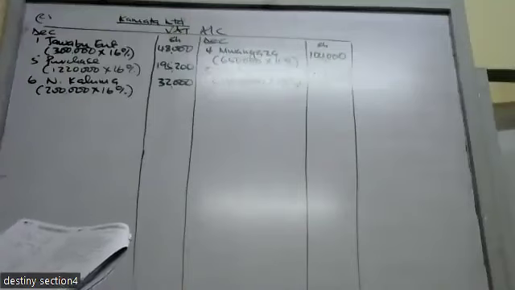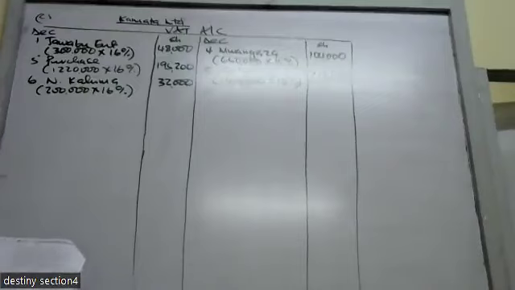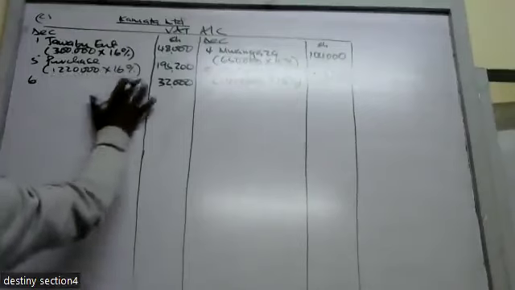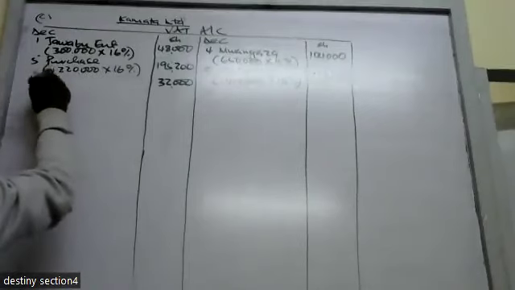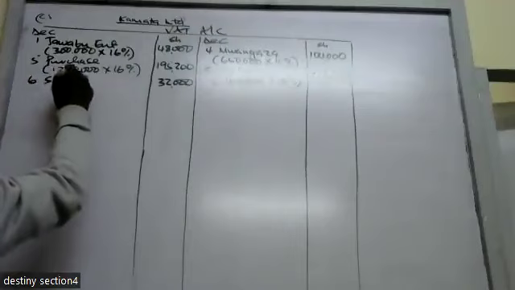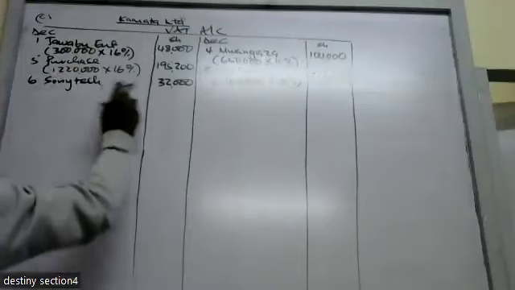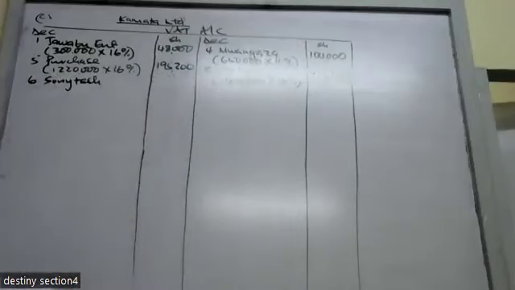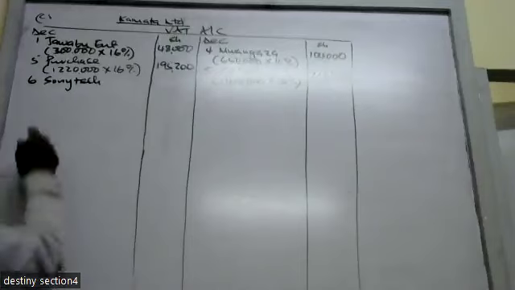Date 7 has two. Oh, the name has changed. It is Sonitech and it is actually an import. Sorry for that. So date 6 is Sonitech, and they have imported goods. Date 6, the value of imports is 420,000.